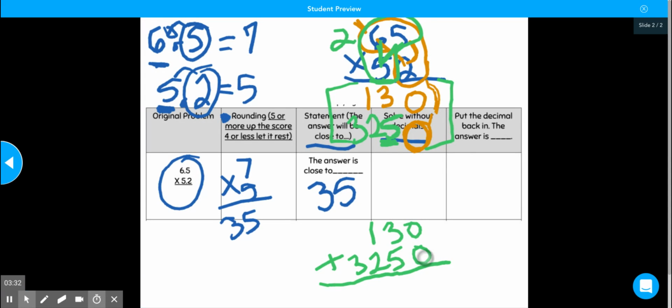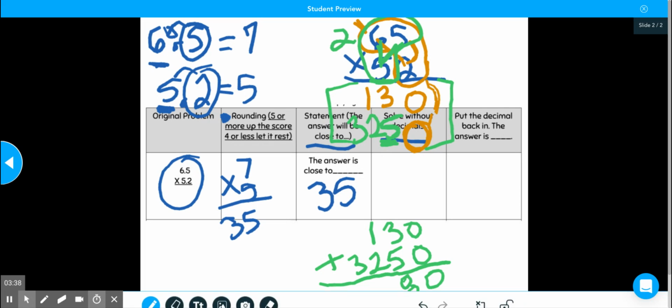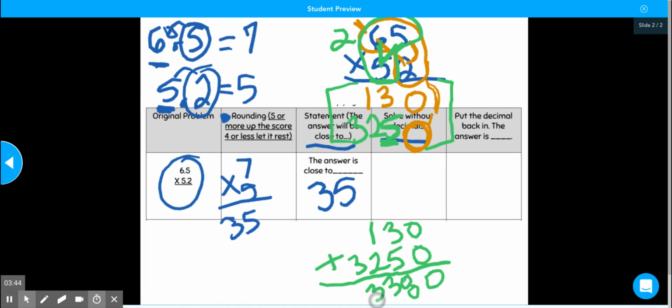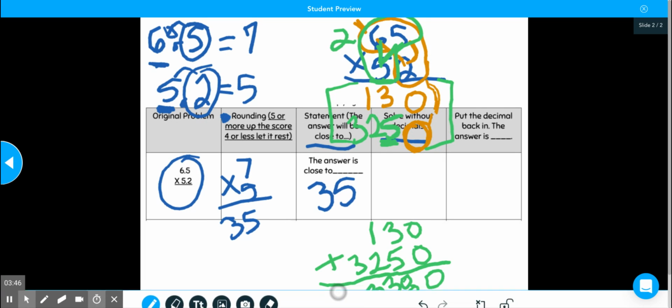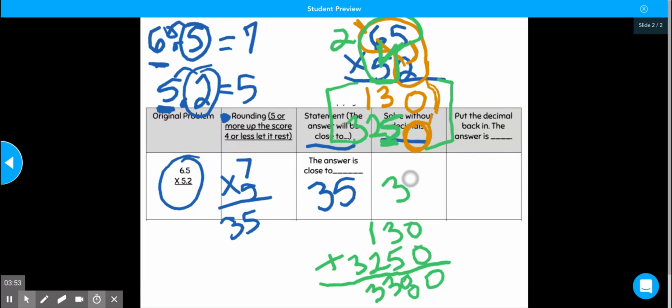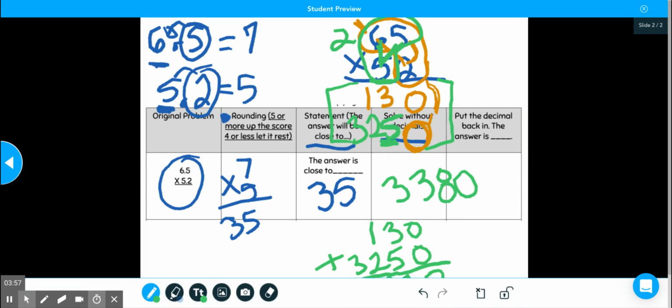So 0 plus 0 is 0. 3 plus 5 is 8. 1 plus 2 is 3. 3 plus nothing is 3. So now, oopsies. What we have here is 3,380.